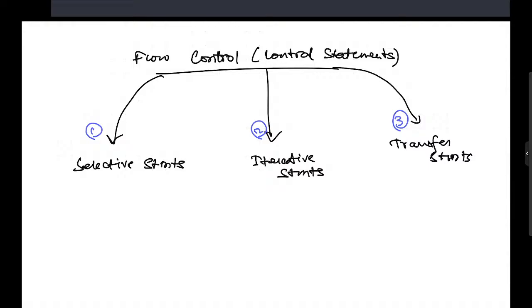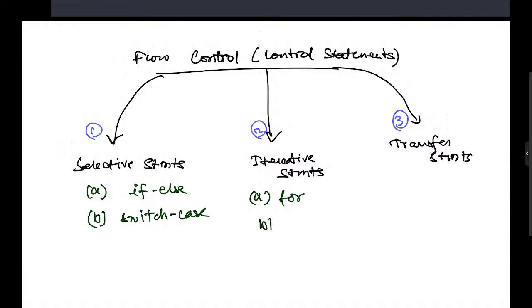The selective statements we generally have are if-else statements and switch statements, switch case. In our iterative statements, we have for, do while, while, and also for each, but this we will look into later.